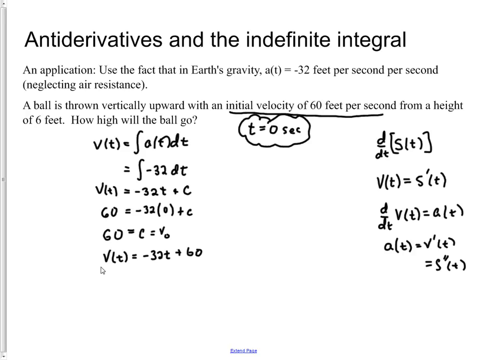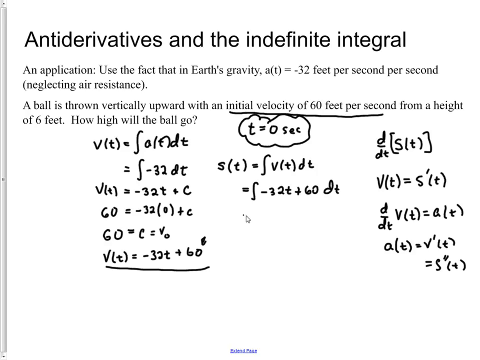Well, that's nice, because we also now know that if we take the antiderivative of our velocity function, we should end up with our position function. So if we want to find out what our free fall position function is going to look like, we need to take the antiderivative of our velocity function v of t. So I'll do that right here. Let's take the antiderivative of negative 32t plus 60 dt.